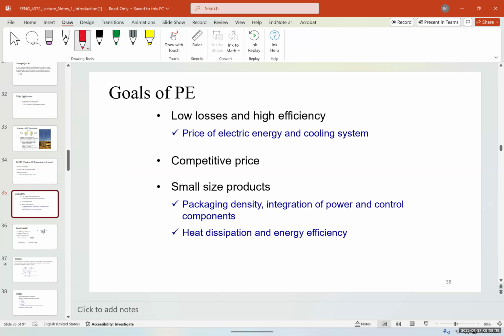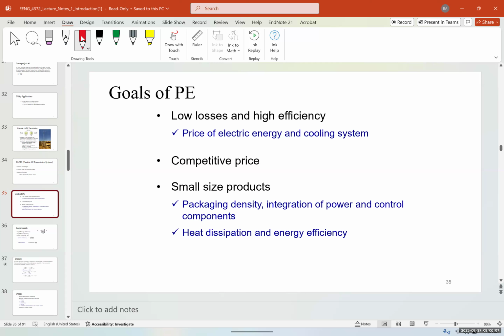So the goals of PE are low losses and high efficiency, price of electric energy and cooling system. We want to actually be able to have precise control over them. Examples that I mentioned are the refrigerator and the HVAC systems right now, they are using inverters to be able to increase their efficiency and reduce your power bill.